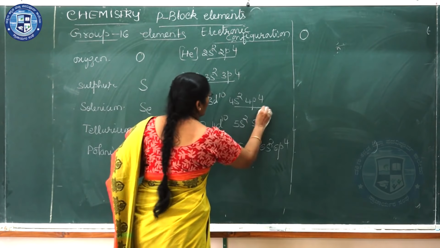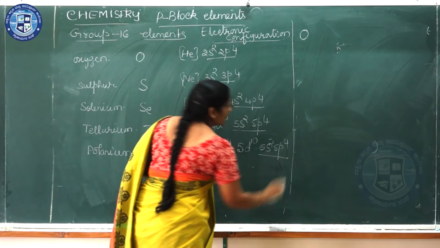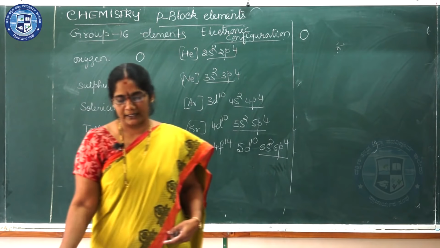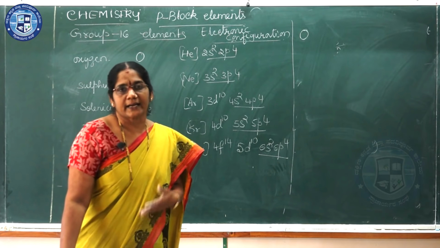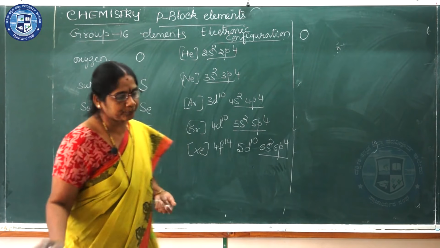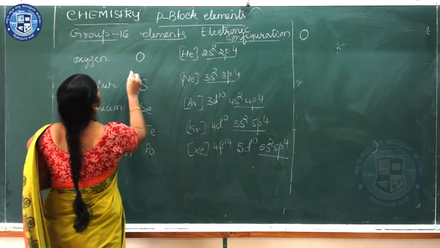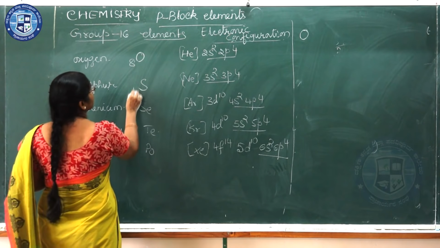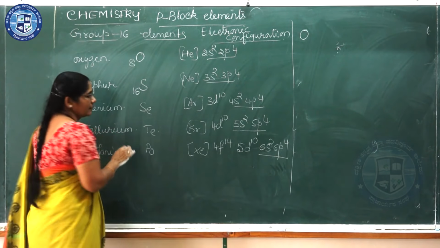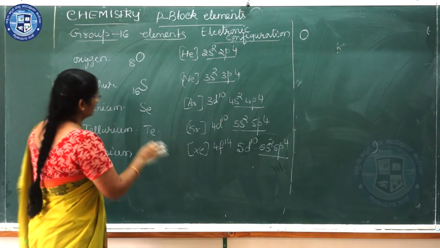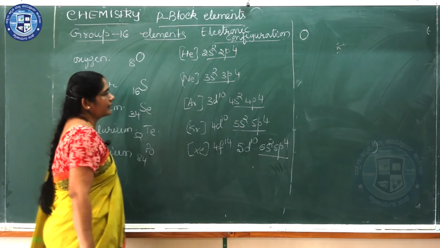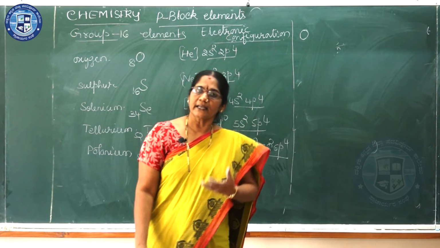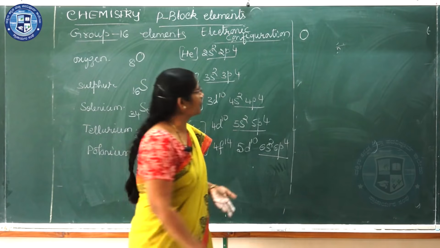So you can see all these have similar outer electronic configuration and therefore their properties are expected to be the same. So this is atomic number 8, this is 16, 34, 52 and 84.